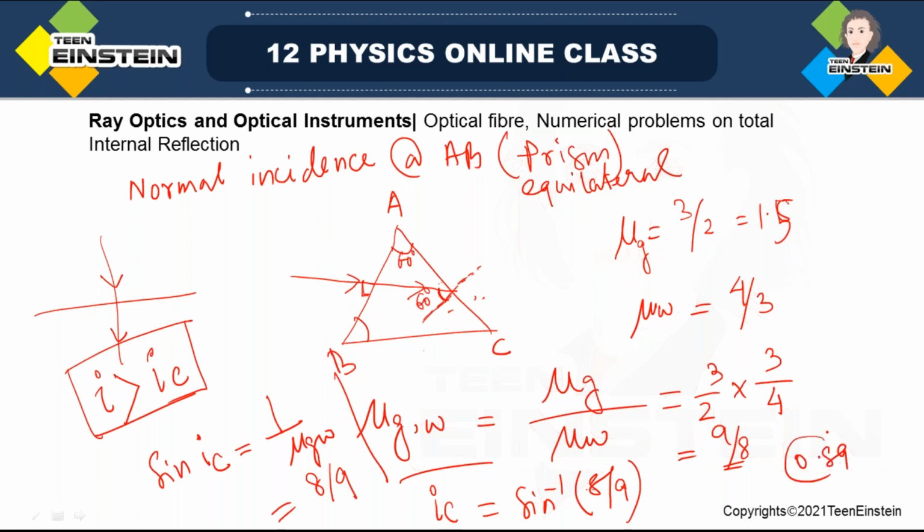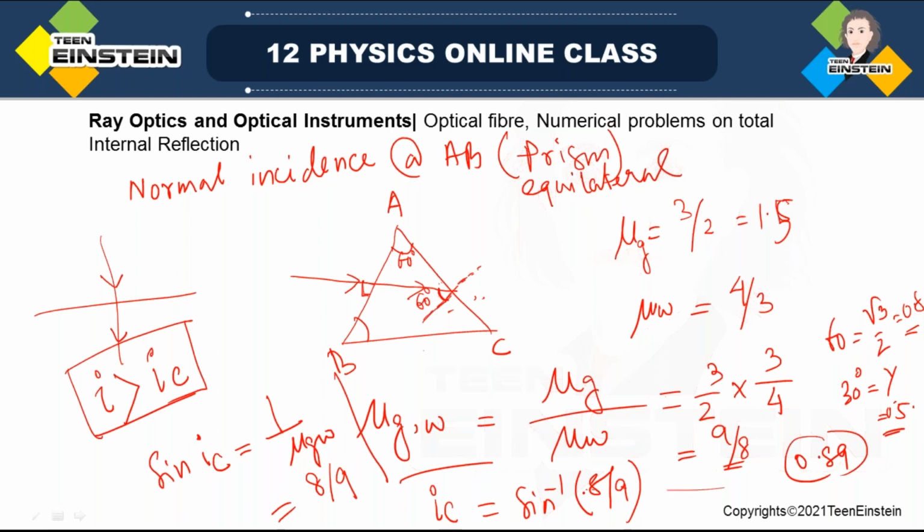That means it is below 1. Now sine 60 degree means root 3 by 2, and sine 30 degree means half, that means 0.5. So it will be about 0.8, and this will be 0.5, sine 30 degree.